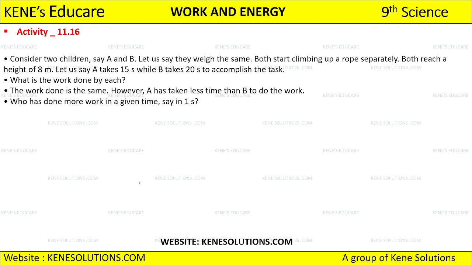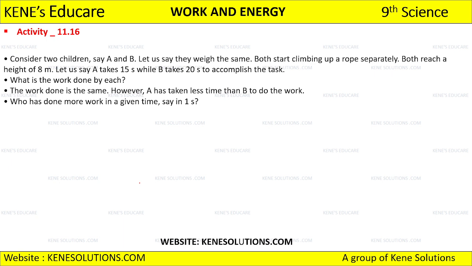Now both reach a height of 8 meter, and let us say A takes 15 seconds while B takes 20 seconds to accomplish the task. How much time has been taken by A? 15 seconds, while B is taking 20 seconds, for doing the same task.